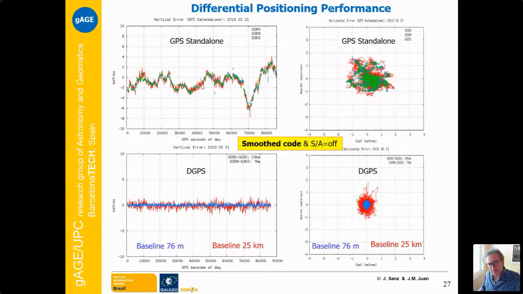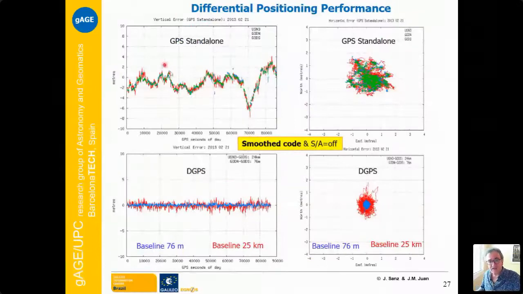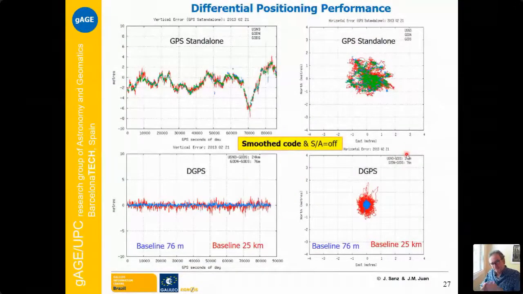As you can see, the idea that we presented before holds: errors are similar for close receivers, even in this case where here we have kilometers, and here we have meters. This is the vertical component, and this is the horizontal component.